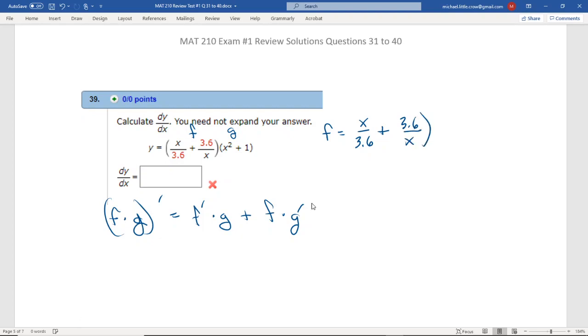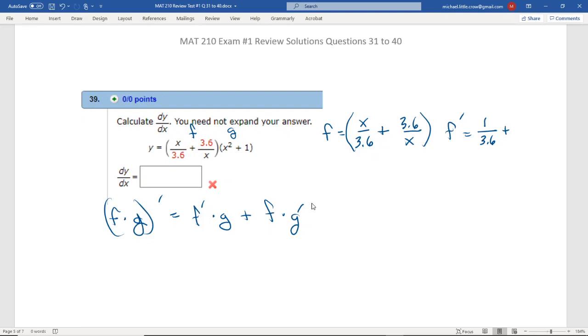So the derivative of f, okay, this first one is just going to be, remember, you take the derivative of x, the 1 comes down, and then we're going to get x to the 0 power, which is 1. The 3.6 is in the denominator, so it's just going to be 1 over 3.6.